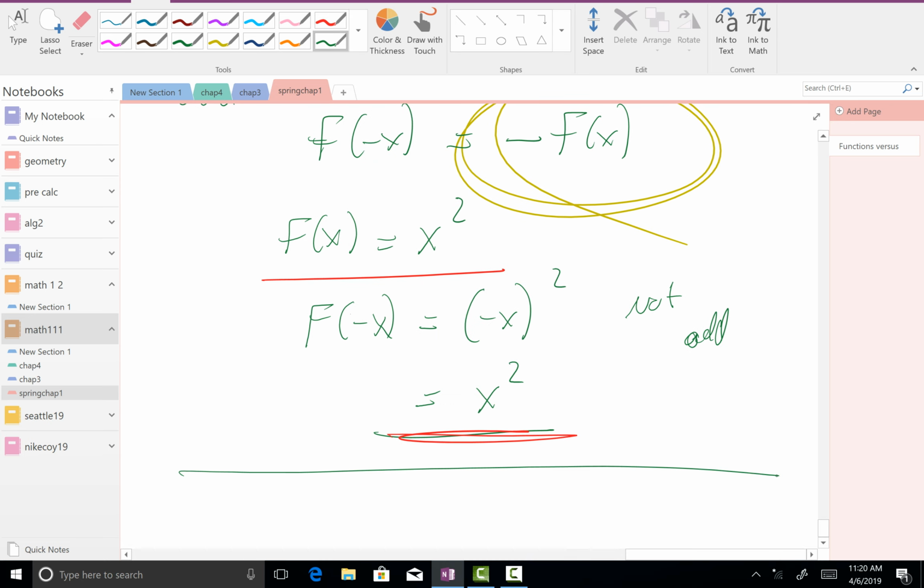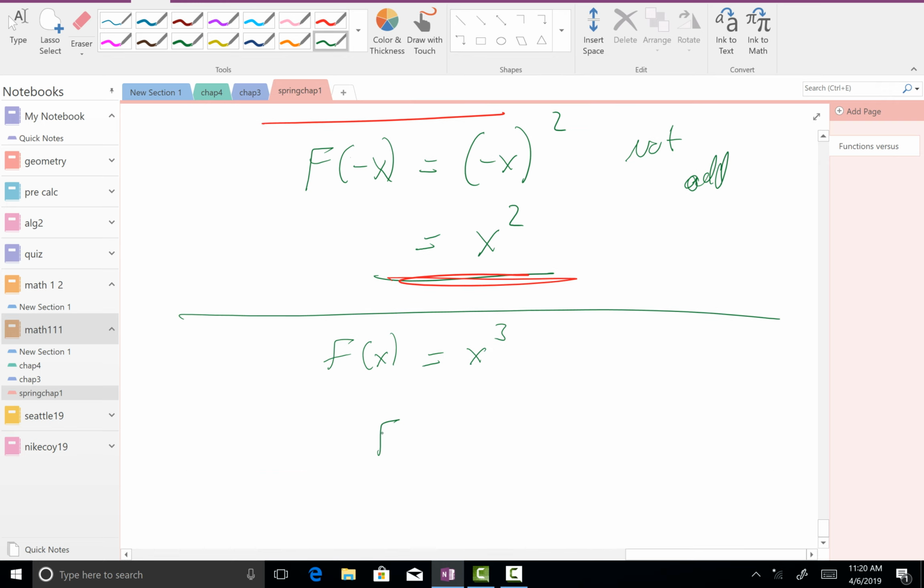Let's go back to the cubic one. Okay, now all of a sudden, oh, I do have a negative. There it is, right there. So then this one is odd. Yes, it's odd.